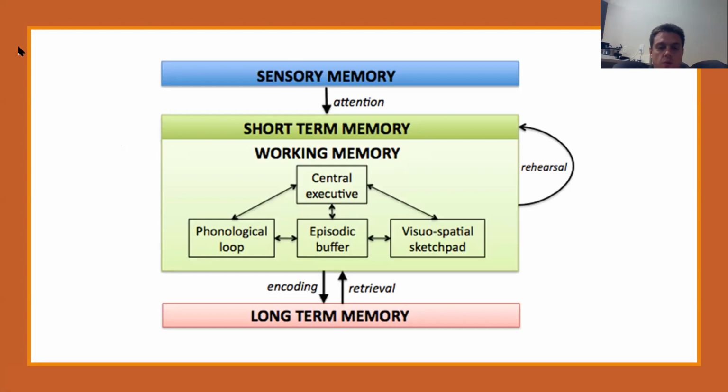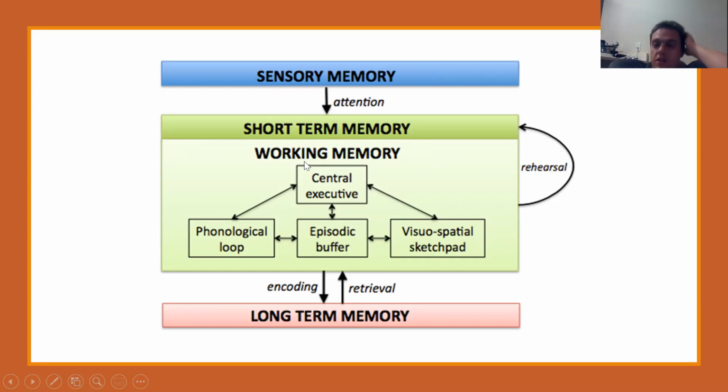So when we think of memory, you've probably seen this classic model here. You have sensory memory, short-term working memory, and long-term memory. This isn't super important, but the general framework is that everything you're taking in gets into your sensory memory, but it fades extremely fast. The stuff you actually pay attention to enters your short-term or working memory.